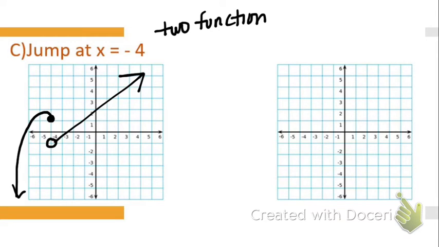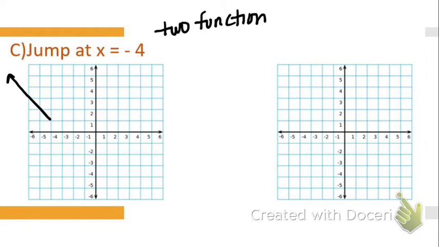A parabola and a line. You can have two lines. You can have a line that comes down, and then another jump up and go like that. There's a lot of different ways you can draw a jump. So those are just some examples.